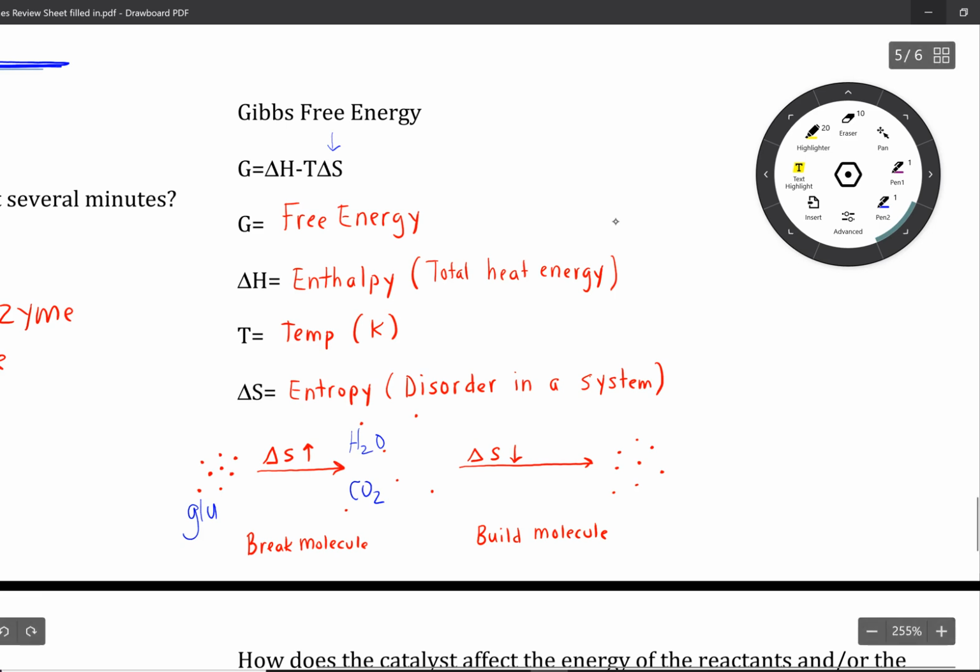If you are taking small pieces and building up a larger molecule, let's say you are taking CO2 and water and building glucose, in this case you are decreasing your amount of disorder, building molecules, and here you will have a small delta S, which means you will have a small negative, and your G will be a positive number.